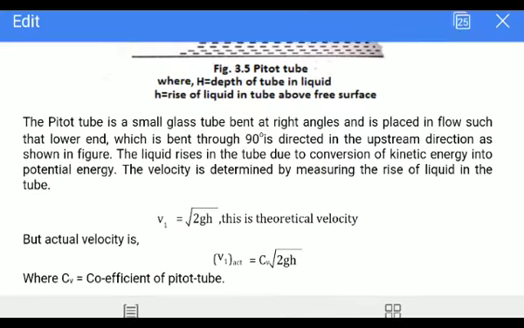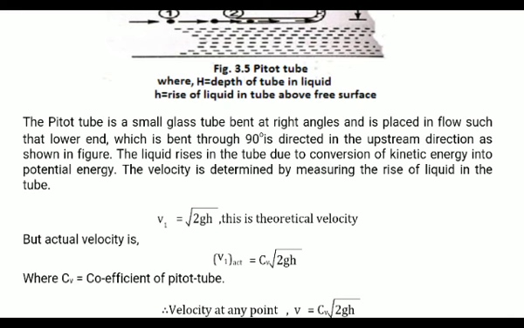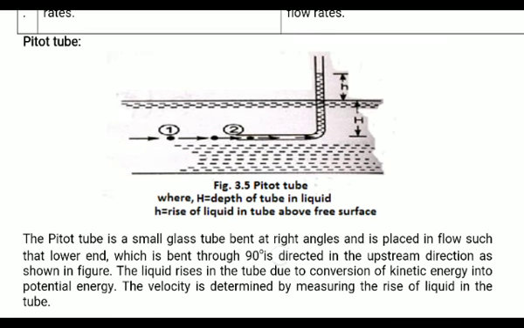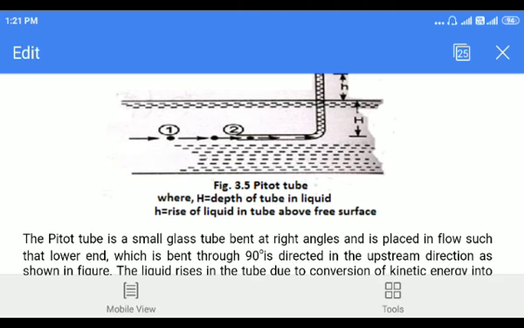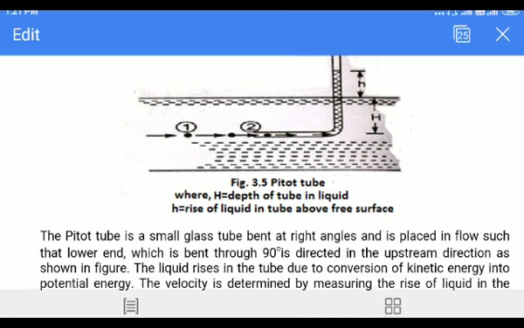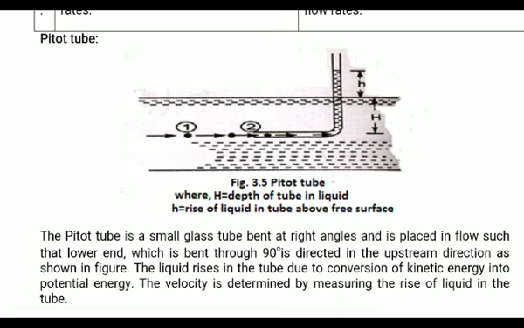The pitot tube is a small glass tube bent at right angles and placed in the flow such that the lower end, which is bent through 90 degrees, is directed in the upstream direction as shown in the figure. The liquid rises in the tube due to conversion of kinetic energy into potential energy. The water flowing here has kinetic energy, and it suddenly converts into potential energy because the glass tube is bent here.